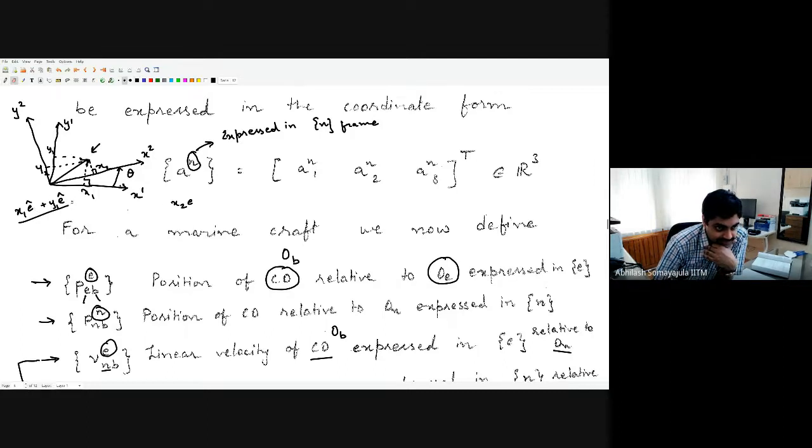Wait a minute. E11, E12. This should be E21 plus y2 times E22. So y2 will be the component along the y2 axis and x2 will be the component along the x2 axis. So the vector representation will be given by this.